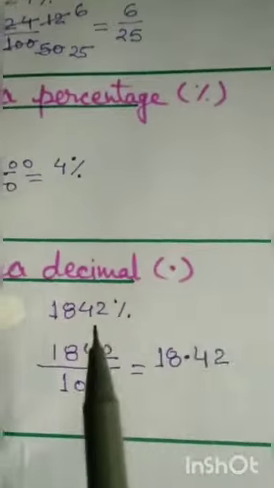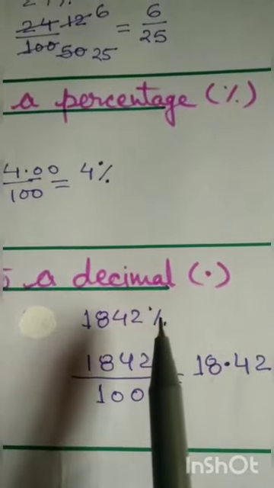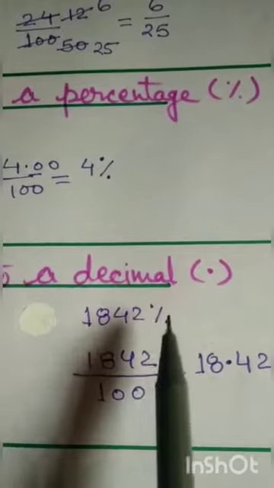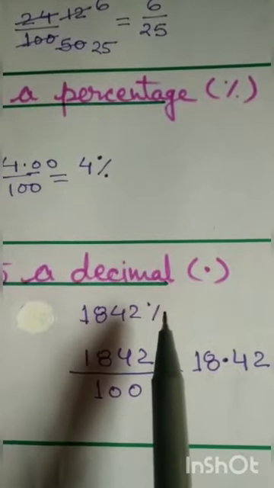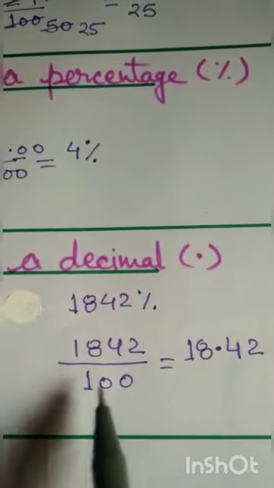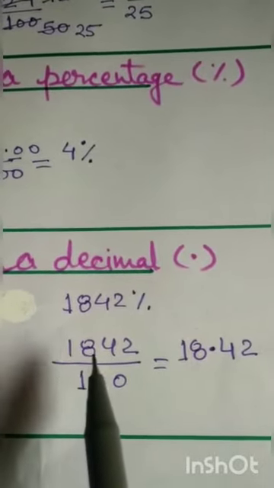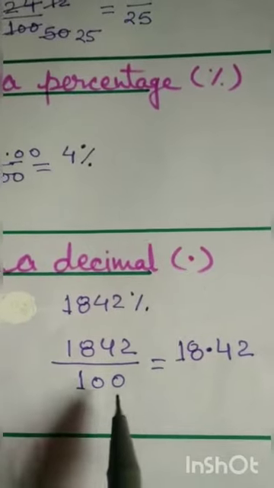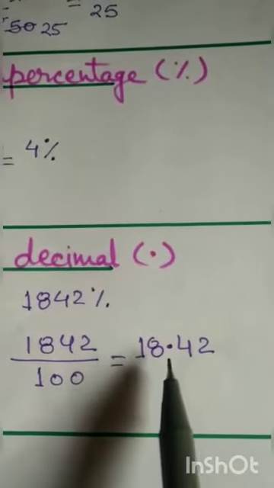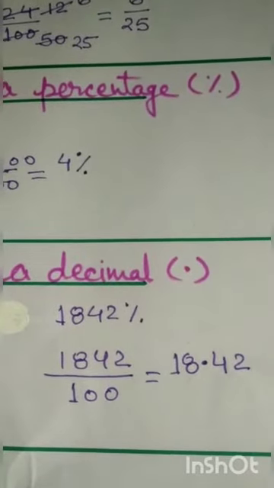Another example. Suppose the percentage is 1842%. Remove this percentage sign and in the denominator write 100. When we divide this 1842 by 100, we get 18.42. Okay, children, practice more.